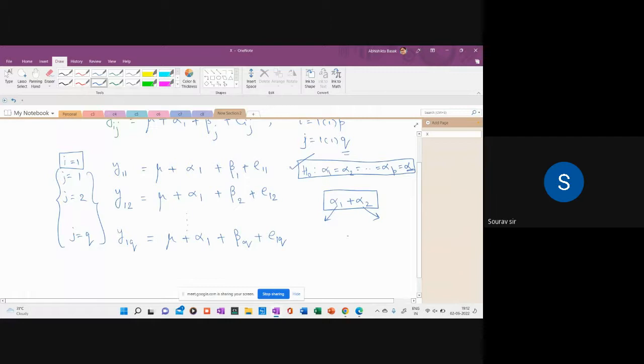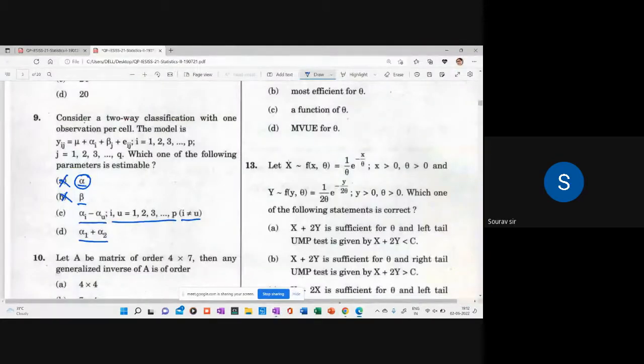We can get separate estimates of alpha i for i running from 1 up to p, but we cannot get the estimate of alpha 1 plus alpha 2 as a sum. So this option also gets cancelled.